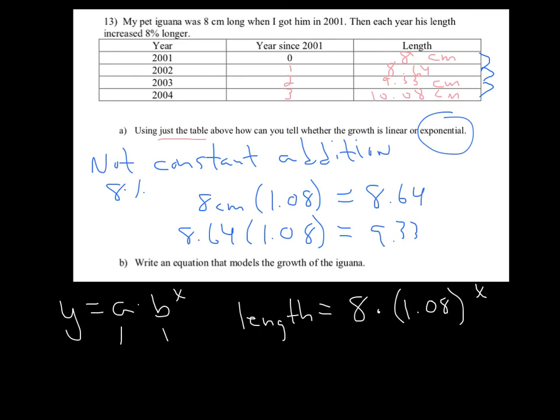It's the additional 8 plus the original 100% that we had to begin with. If you want to check that, go ahead and substitute in the value of 3 into your x value, raise 1.08 to the 3rd, multiply that times 8, and you'll get approximately 10.08, or 10.077696. But that's the equation.